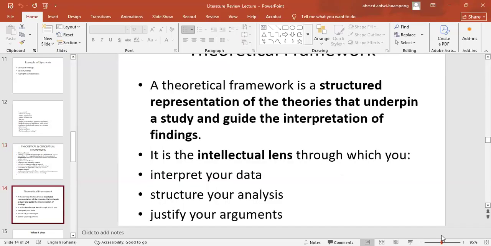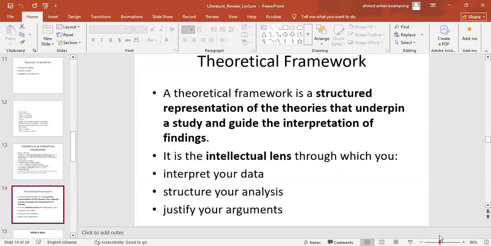Then we have what we call the theoretical framework, where... hold on, please.